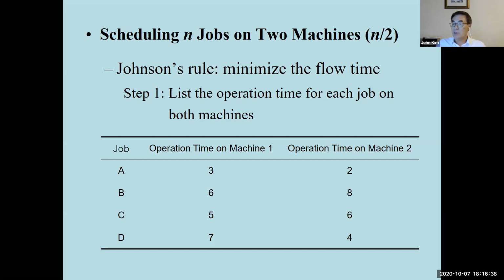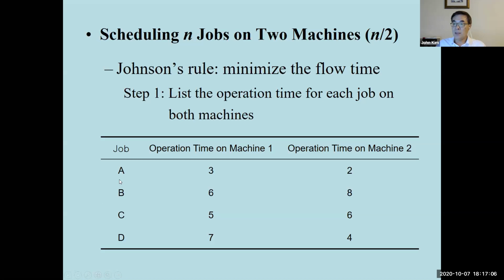In that case, to finish all jobs in minimum time, we can use Johnson's rule to minimize the total flow time. So step 1 is to list the operation time for each job on both machines like this.